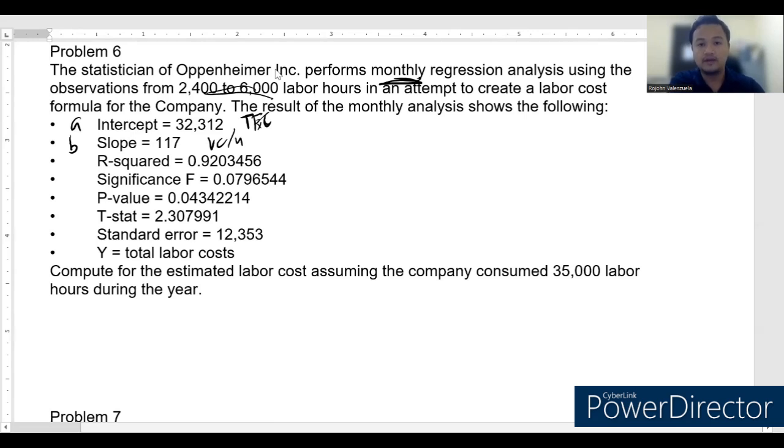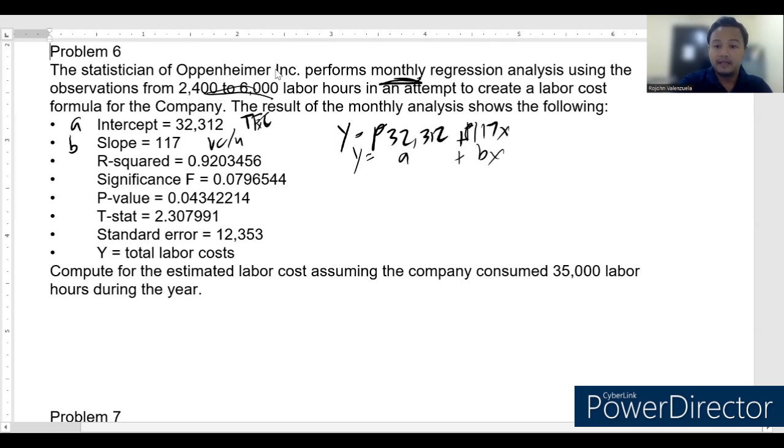Therefore, kung gagawa ka ng function, y is equal to 32,312 plus 117x. Okay? So, ito yung y is equal to a plus bx. Pwede ba natin gamitin yan? Substitute na lang natin yung 35,000 doon sa x. Hindi pa.